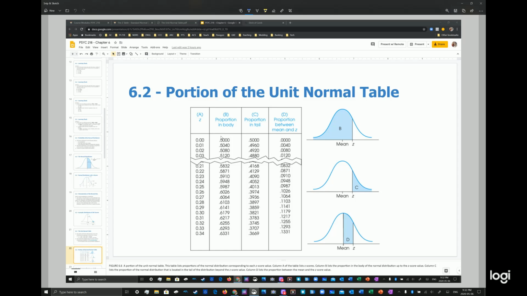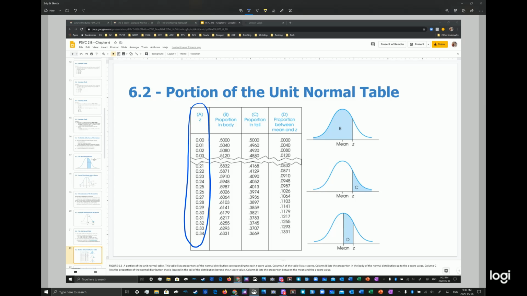And this slide helps you look at the unit normal table and figure out the proportions in relation to Z scores. And vice versa, you can look at Z scores in relation to proportions. Column A tells us the Z score, and these are positive Z values. You don't need negative ones because the unit normal table has a standard normal distribution, which is symmetrical. The left side has the same portion as the right if we divide it right in the middle.